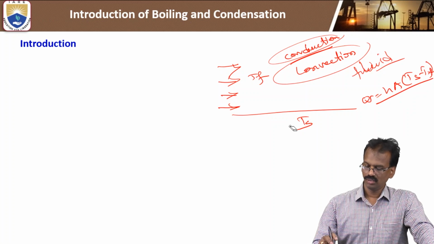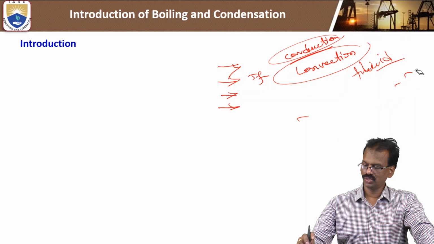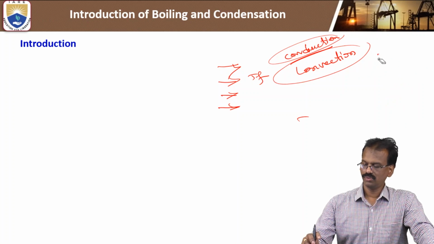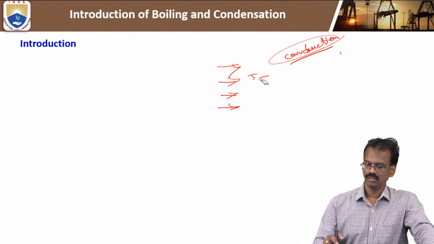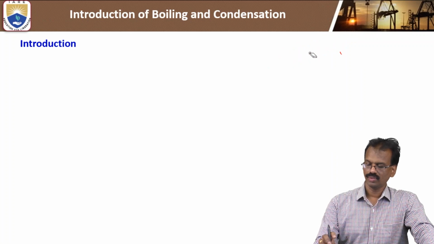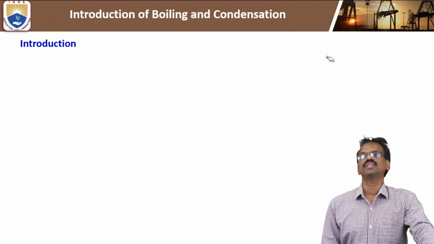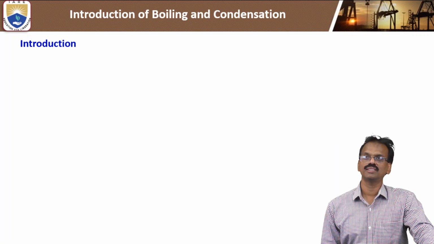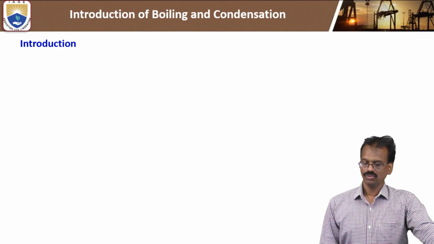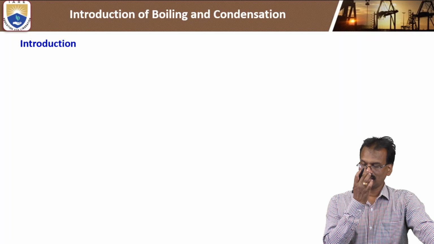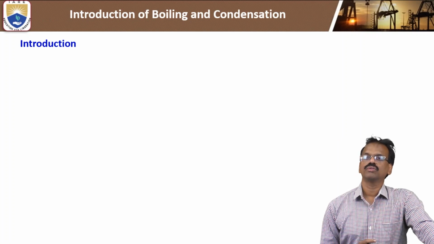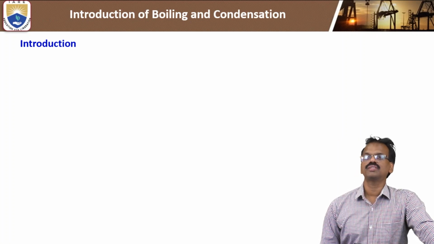We already covered the two types of convection: natural convection and forced convection. But there is some relationship between boiling and condensation and convection. In convection, we didn't see any phase change.